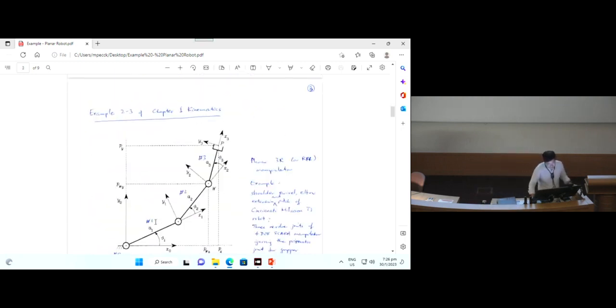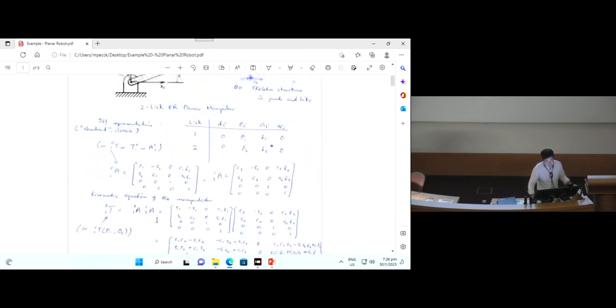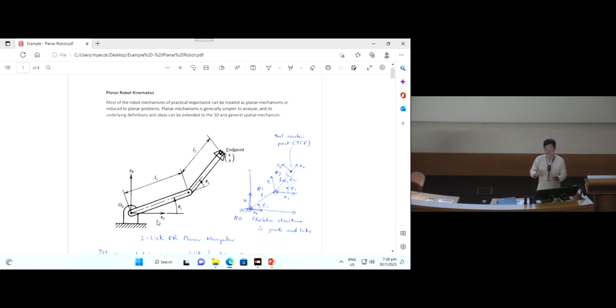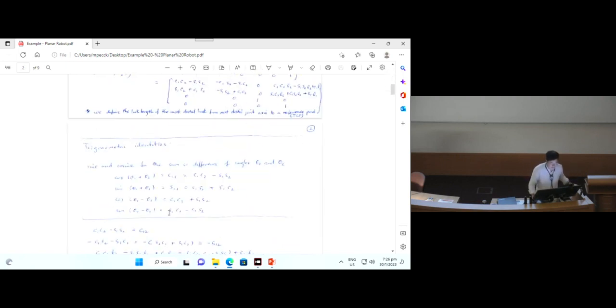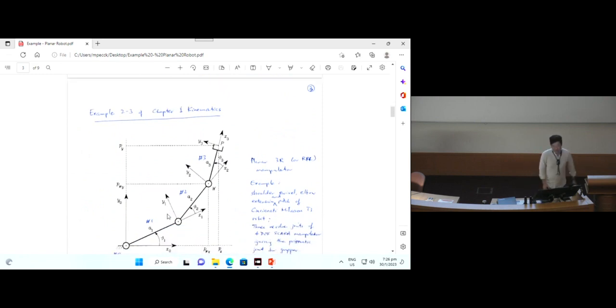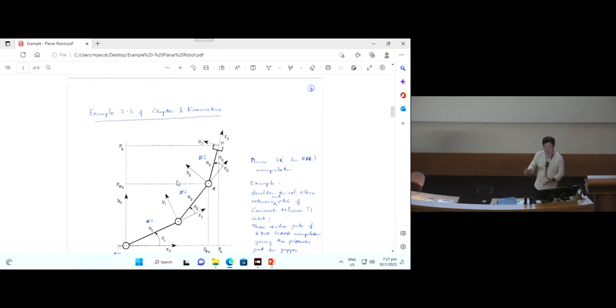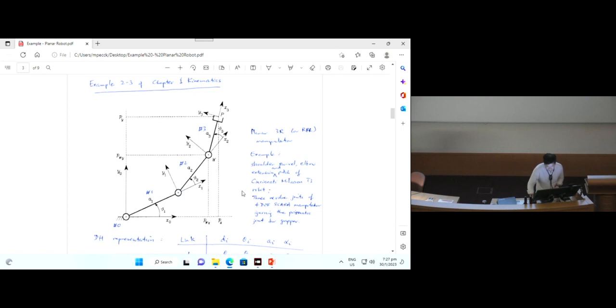So this is for the two-link. When we expand to three-link, the same thing happens. We're basically doing very much the same thing. You may call it a planar 3R manipulator. There are three revolute joints, and you have three links as well.